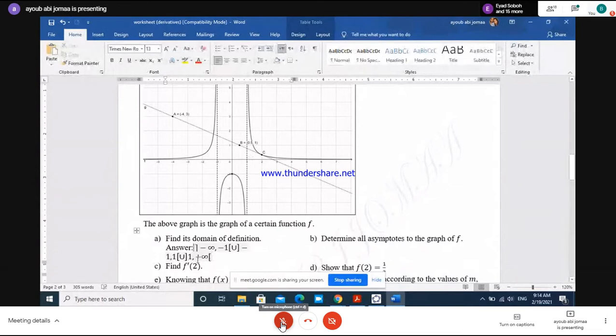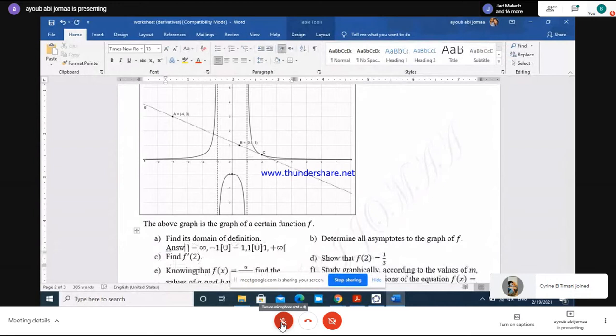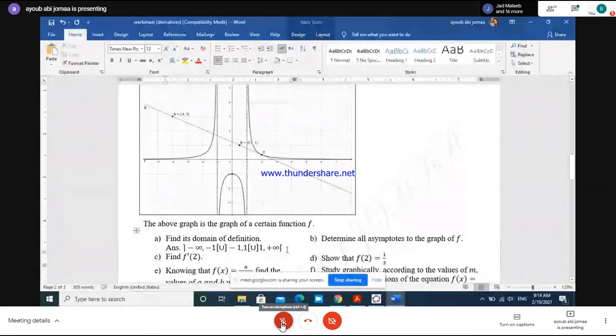So again, the function is not defined at -1 and 1. So it is defined on the interval from negative infinity to -1, open interval, union -1, 1, union 1 to positive infinity.